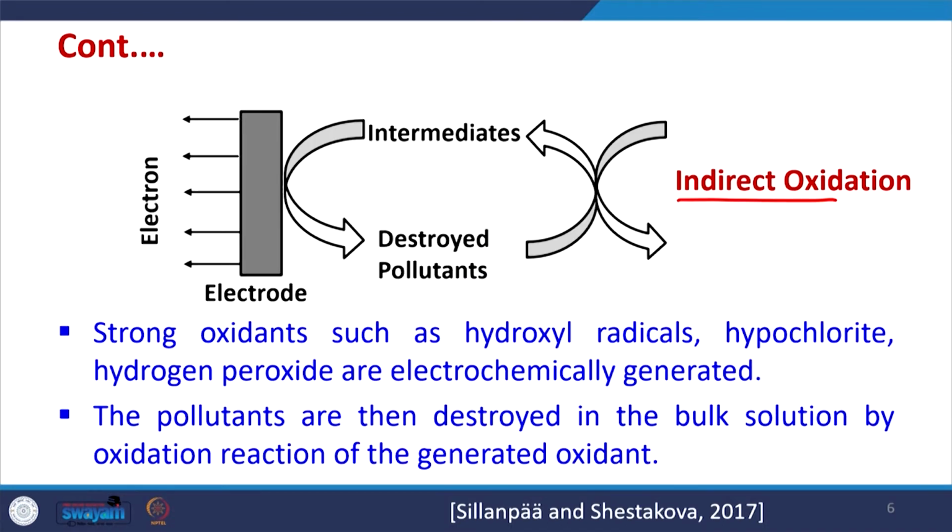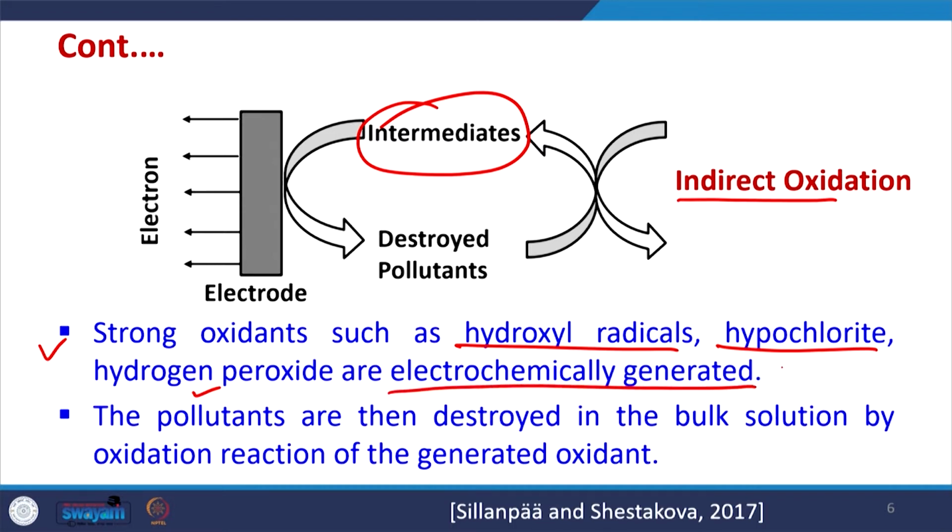Then there is a second mechanism which is called indirect oxidation. In indirect oxidation, some intermediates get formed, which are reactive oxygen species. Strong oxidants such as hydroxyl radicals, hypochlorite, depending upon whether the water contains chloride or NaCl, and hydrogen peroxide are electrochemically generated in situ inside the water.